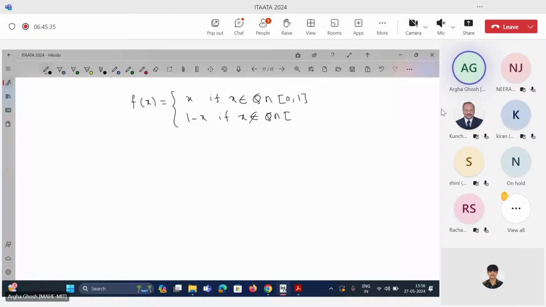That means all irrational points from the set (0,1). So suppose we have to prove that it is continuous at a point. So try to prove that it is continuous at x equals half.